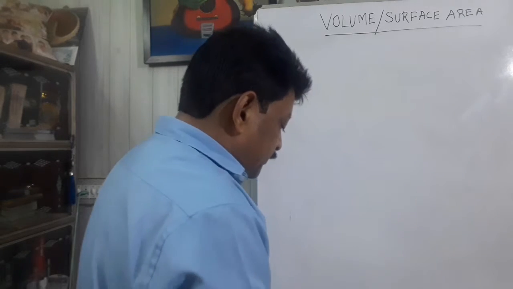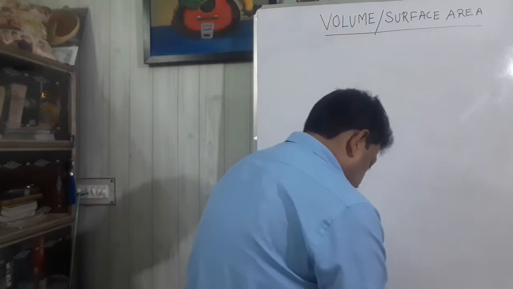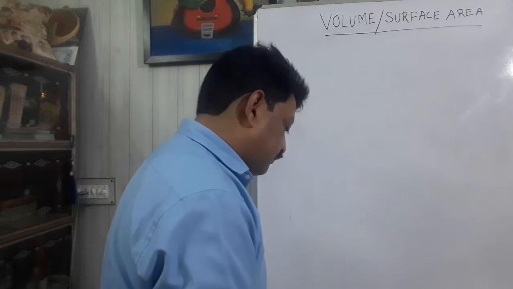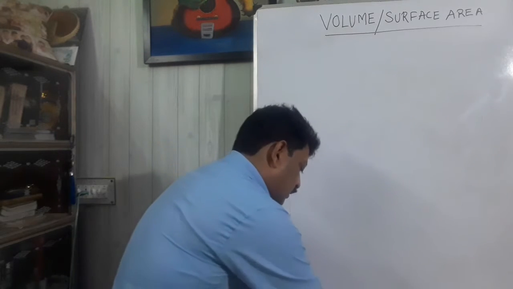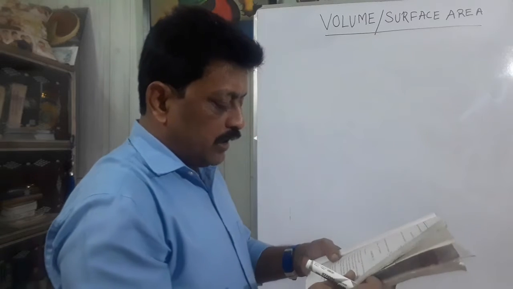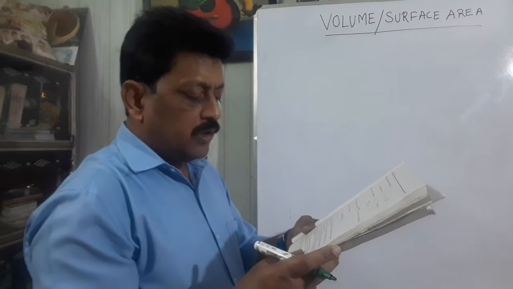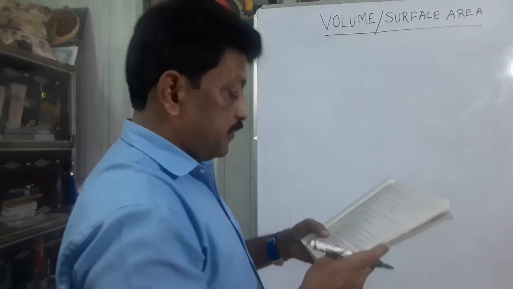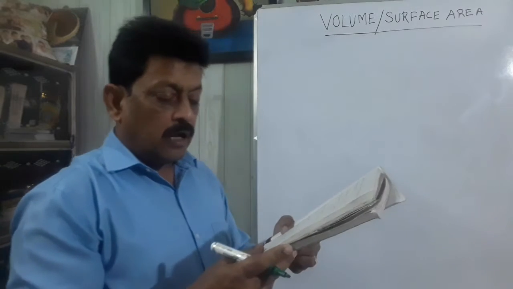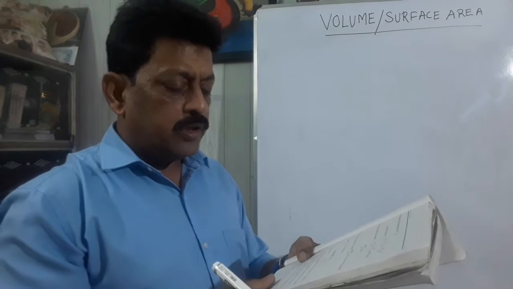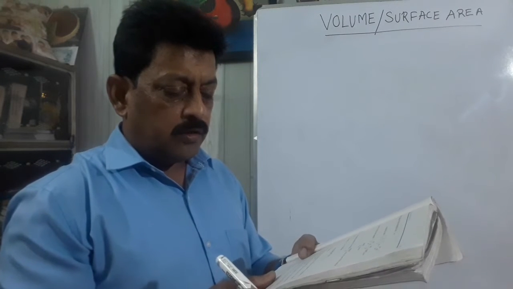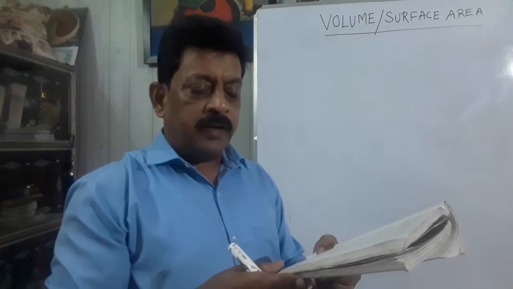In the next question, it is given that a well of diameter 3 meter is dug 14 meter deep. The earth taken out of it has been spread evenly all around it in the shape of a circular ring of width 4 meter to form an embankment.